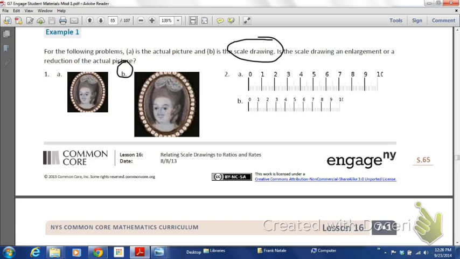In number 1, of course, you can see that the scale drawing is an enlargement. Okay, again, this is pretty basic. And as you can see here, in number 2, the scale drawing is a reduction.